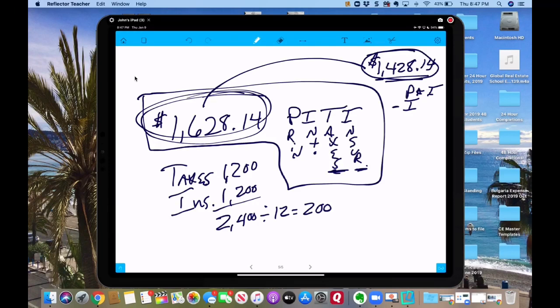And the other thing you have to be very careful of, that's why I say read these questions extremely carefully, is that oftentimes they may throw quarterly or semi-annually in there. So just be conscious, don't panic. If they say the quarterly taxes are $300, take 300 times 4, and so the annual taxes are $1,200, so it's $100 a month for taxes.